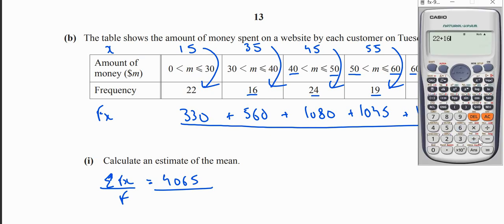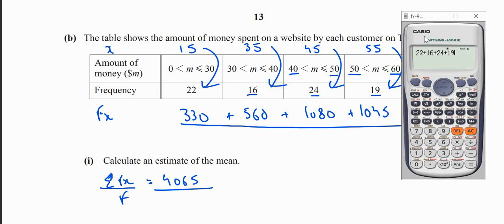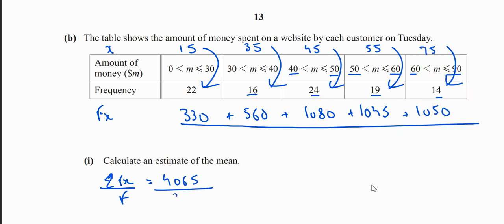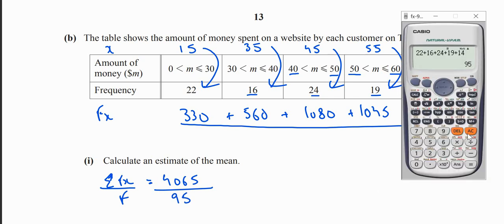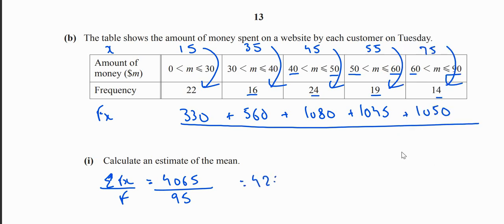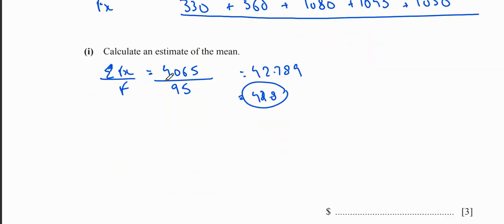We get 95. So 4065 divided by 95, you will get 42.789, it becomes 42.8. So that's your mean.